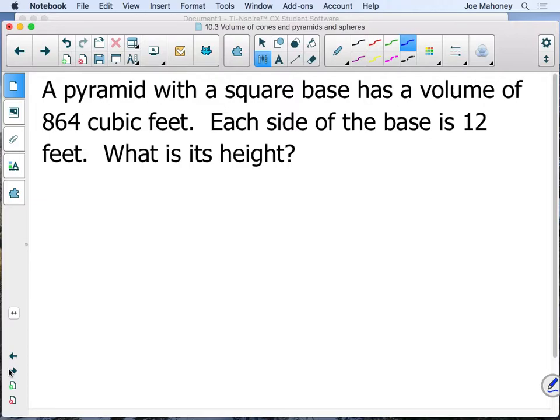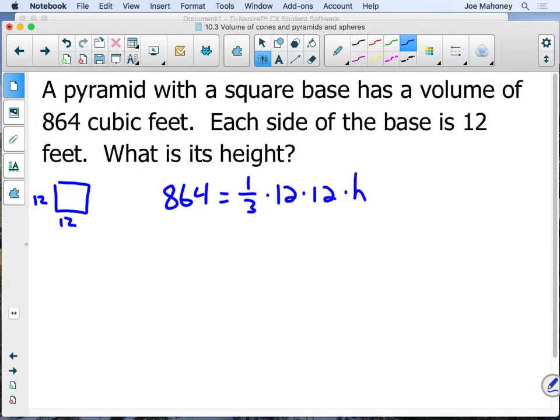All right, so it's a pyramid with a square base. The base is a square of side length 12. And now I know the whole volume is 864. If I write my volume equation, the volume is 1/3 times the area of the base times the height. So I've got to solve this equation.